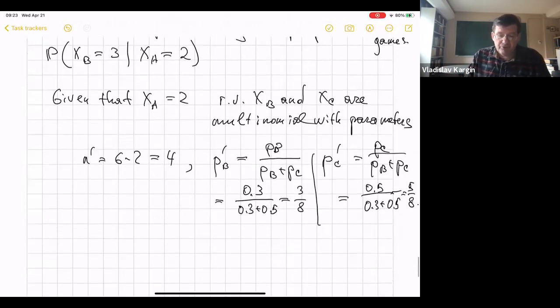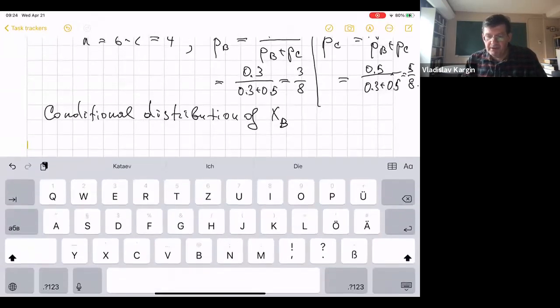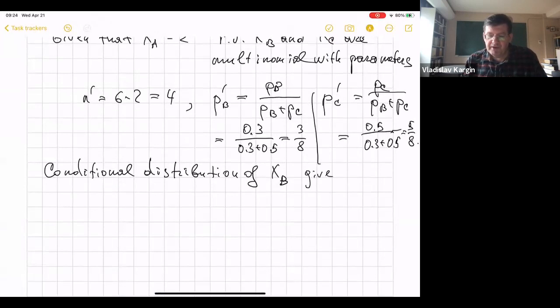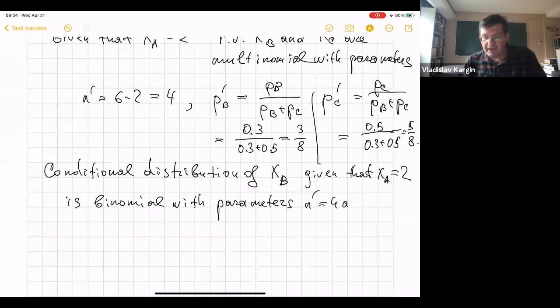So the conditional distribution of X_B given that X_A is equal to 2 is binomial with parameters n prime, the new n, equal to 4, and P_B prime equal to 3/8.